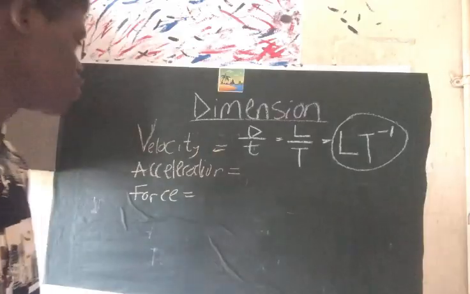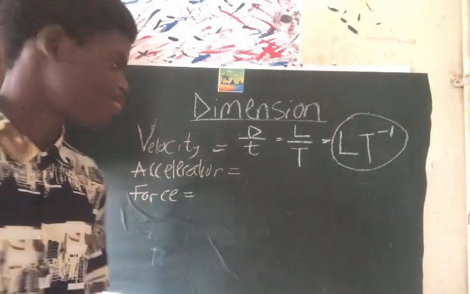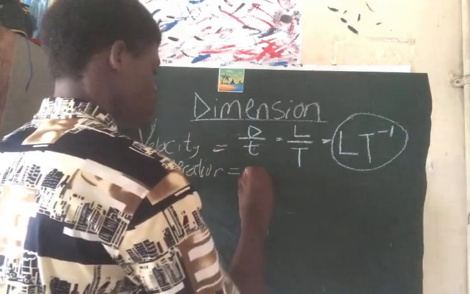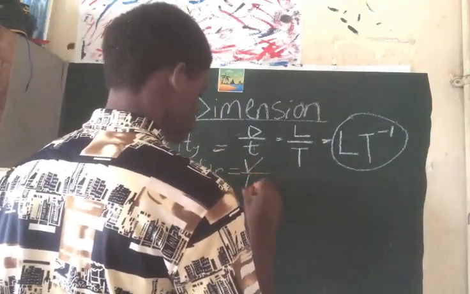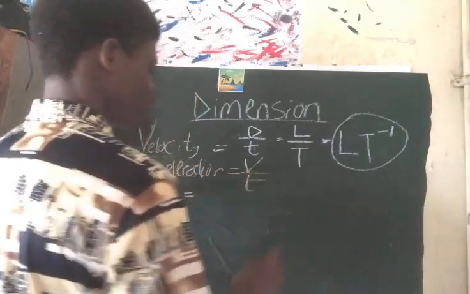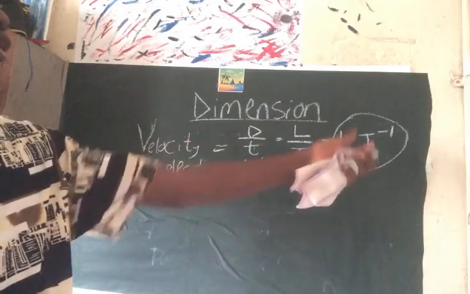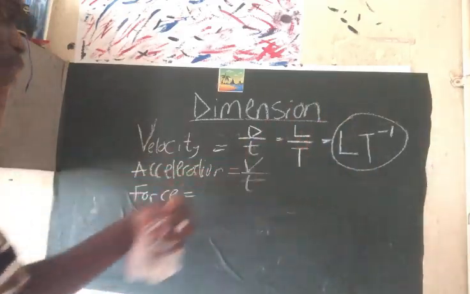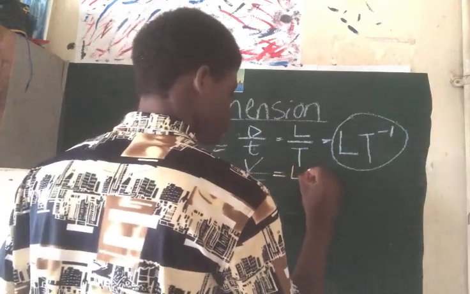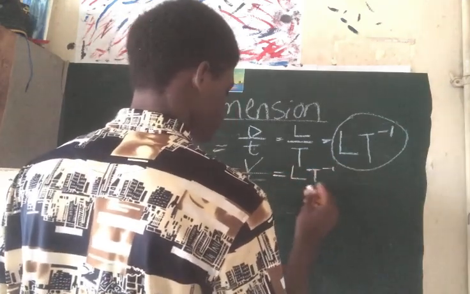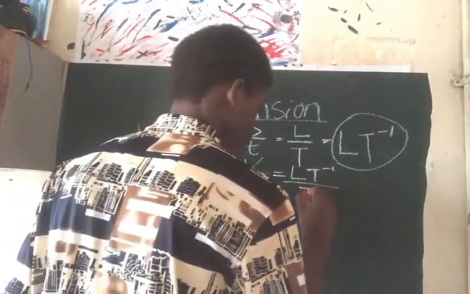So acceleration is velocity over time taken, so that's v over time. We can do this one quick, because since we know the dimension for velocity, we can just input it inside. So that would be L T raised to the power minus 1 over the dimension for t, which is a fundamental quantity, over time t.